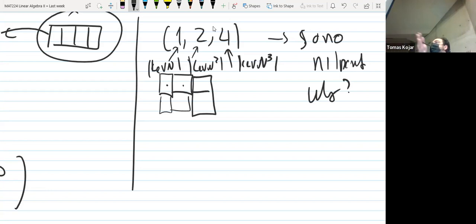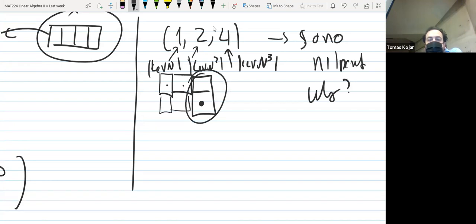Yeah, they have to be decreasing length. But this guy over here is not in the kernel of n, which is basically what you said. Yeah, the columns, that's another way to see it. And so the problem here is exactly what you were saying.